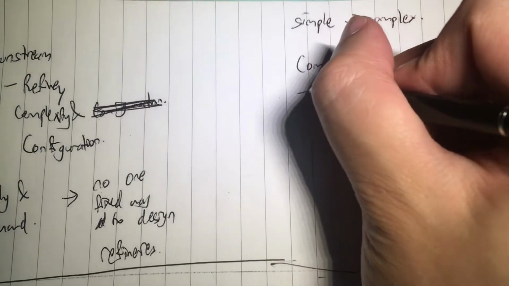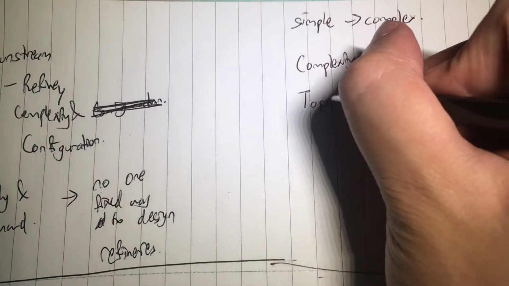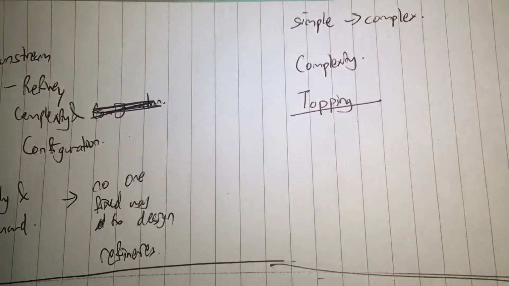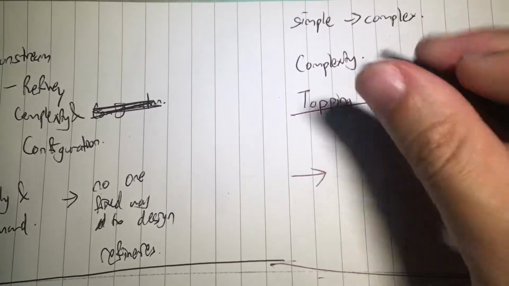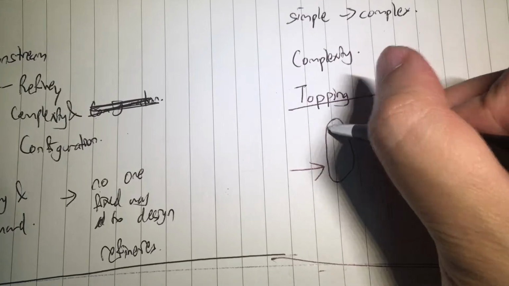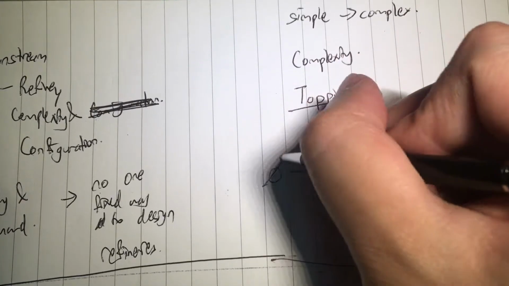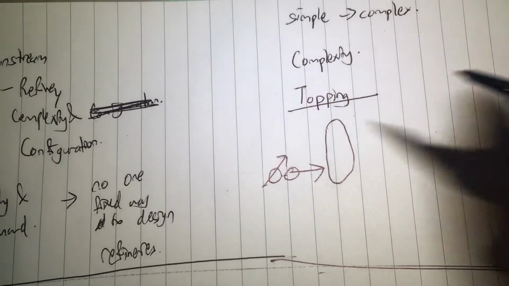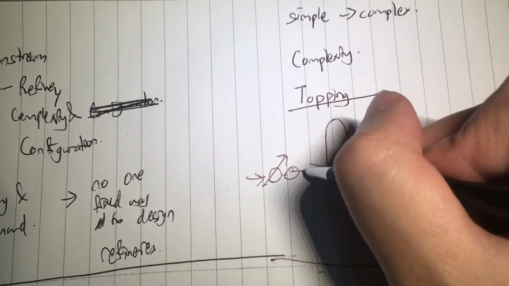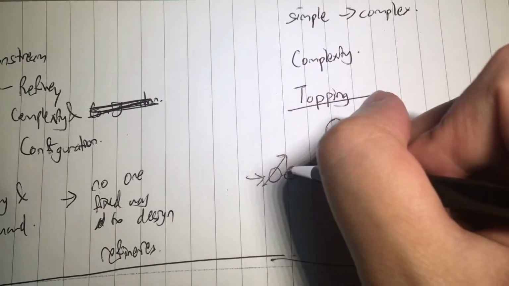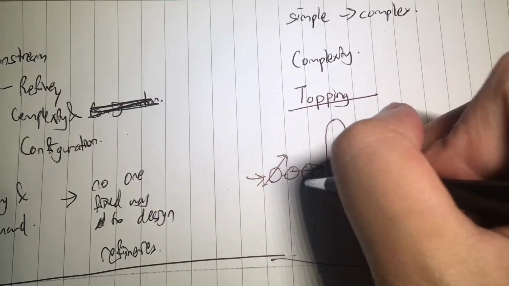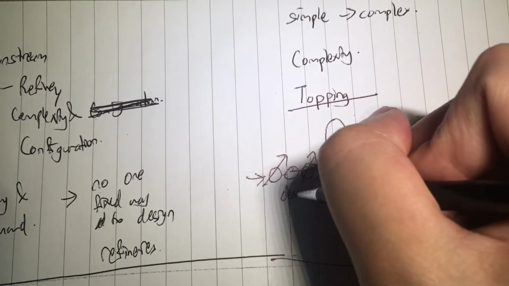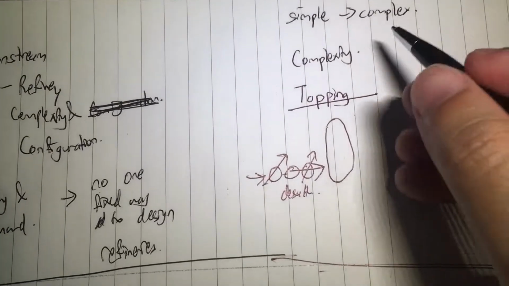So let's go for the most simple kind of refinery. We call this the topping refinery. Of course, you probably have the desalter and heater, so I just draw it as two circles here. One heater before the desalter, then the desalter in the center, and the other heater.